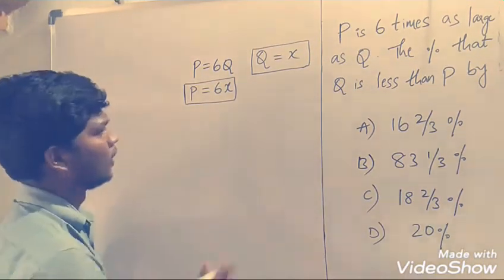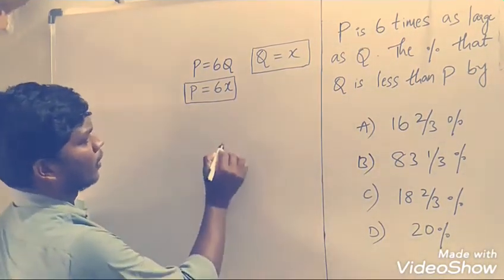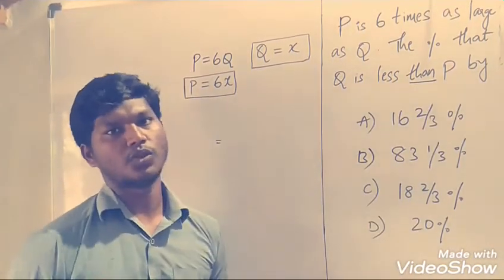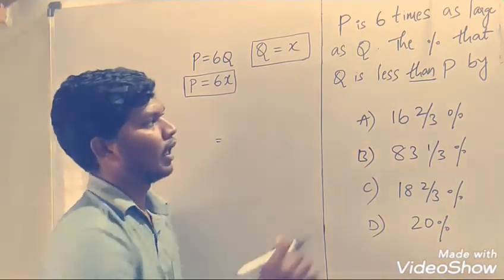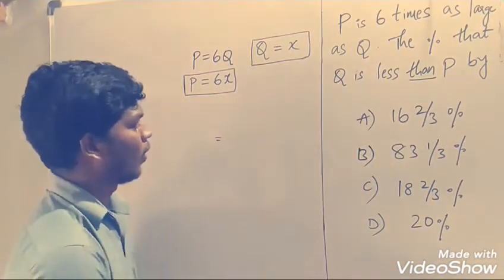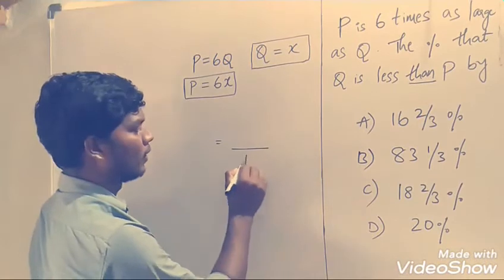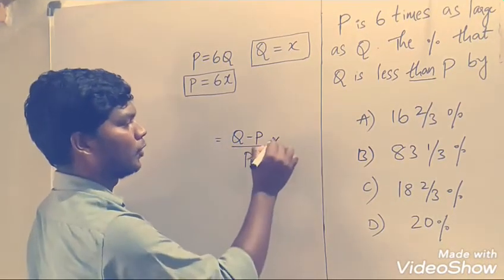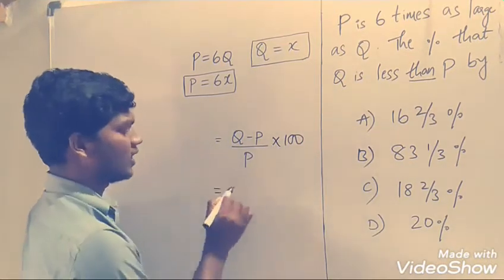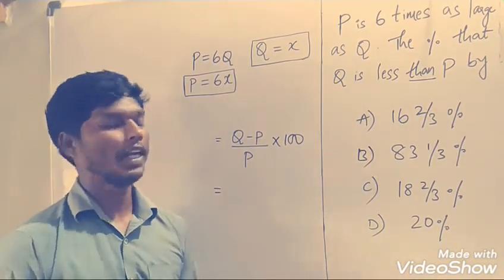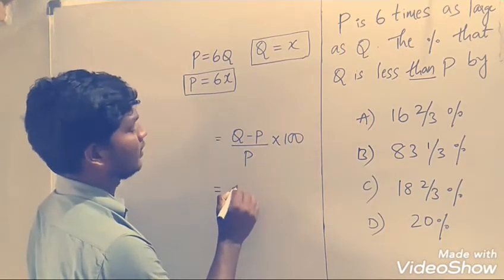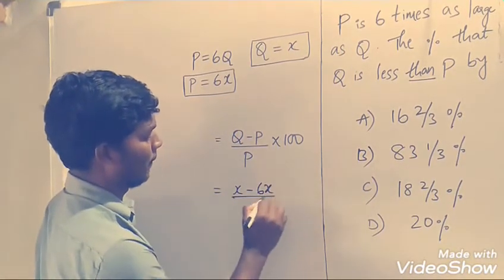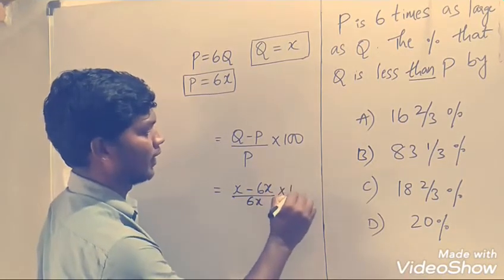Okay friends. So here then definitely we must use formula number 2. So here we have P. So write P in the denominator and Q minus P into 100. So just simply substitute the values of P and Q. So Q is X and P is 6X, so X minus 6X by 6X into 100.